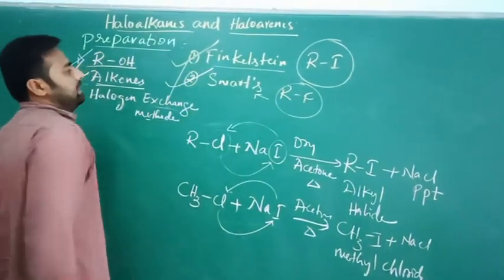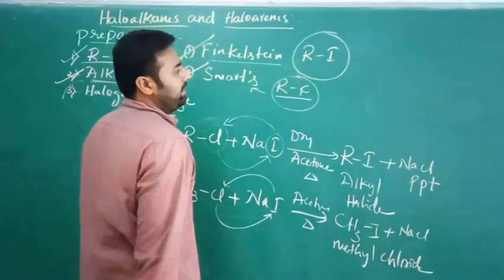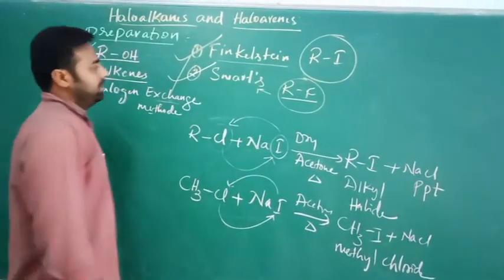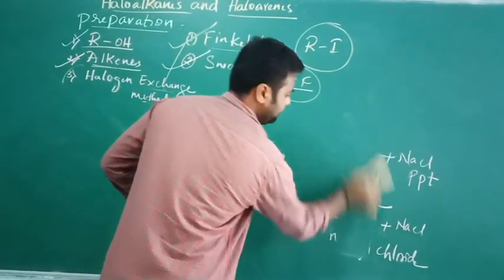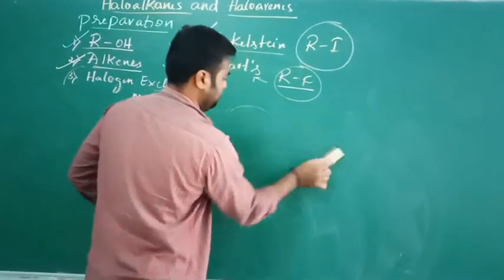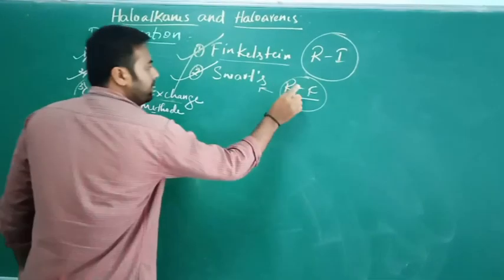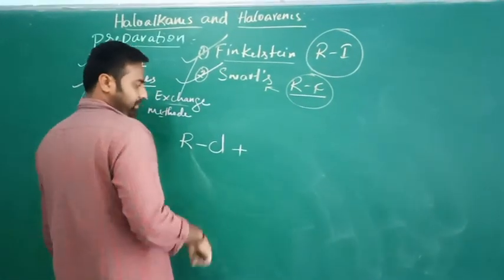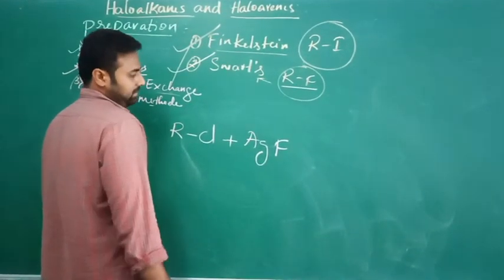And the very last one is the Swarts reaction. If you want to prepare alkyl fluorides, you can go through this reaction, the Swarts reaction. Alkyl chlorides or alkyl bromides are heated with metallic fluorides such as AgF.